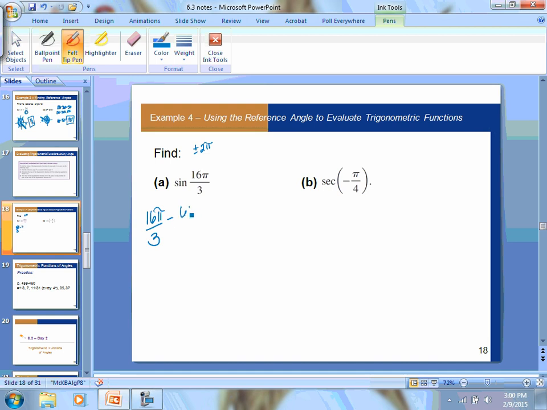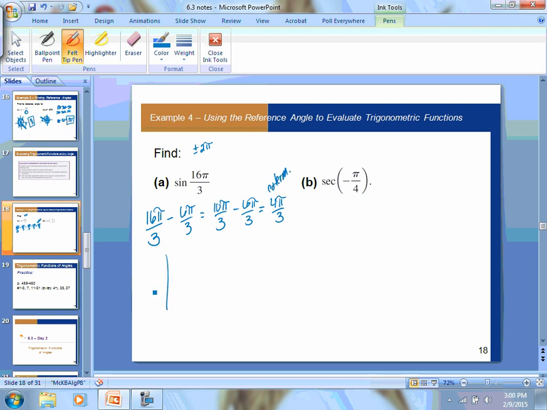I want to subtract 6 pi over 3 because I need a common denominator. Okay, so 16 minus 6 is going to be 10 pi over 3. That's still too big. I can't draw that on my unit circle. So I'm going to subtract another 6 pi over 3, and then I'll have 4 pi over 3. Okay, now I know this is my coterminal angle.